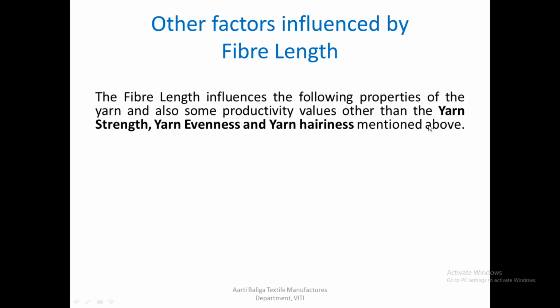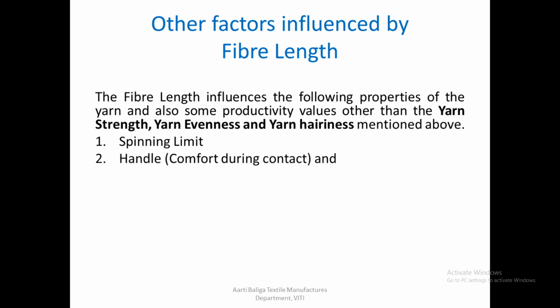In addition to yarn strength, it also affects yarn evenness, which we have seen how a particular staple diagram affects, and it also affects yarn hairiness. Other than these 3 important yarn properties, it also affects spinning limit. That means to what fineness a yarn can be spun. It is decided by staple length to a large extent.